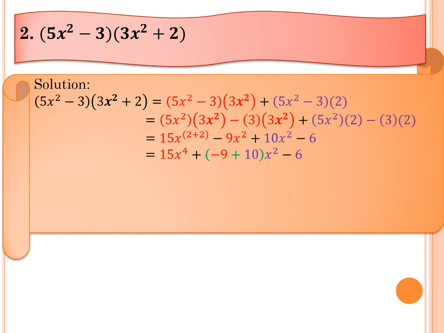That's why we have negative 9 plus 10x squared. Then copy minus 6. And for our final answer, 15x to the power of 4 plus negative 9 plus 10 is just equal to 1. So, it's just x squared, because we have an imaginary numerical coefficient 1 there, on x squared. And minus 6.